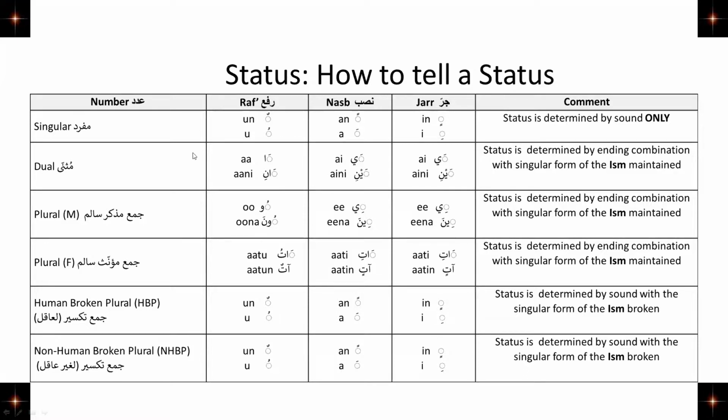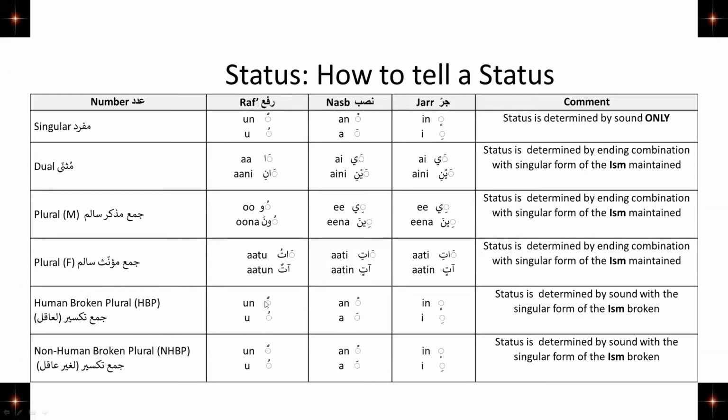Okay. So this is a very important table, and this is what I've been explaining all this while: how to tell the status of an ism is to look at its ending sound or its ending combination. These ones are the ending sounds in the case of a singular, or in the case of human or non-human broken plurals.